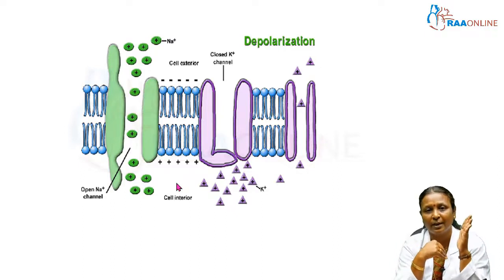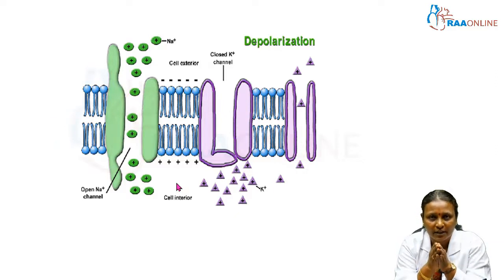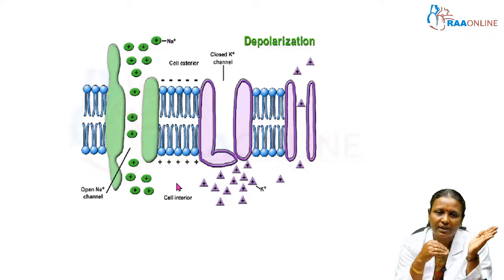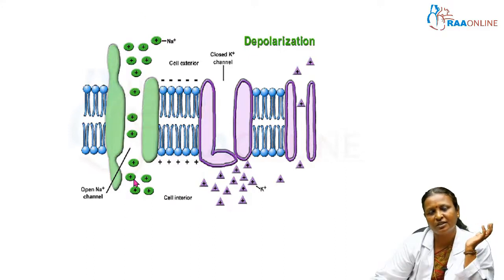This is what is happening during depolarization. In response to the stimulus, the voltage gated sodium channel is getting activated. The activation gate opens and the inactivation gate closes. By the time the inactivation gate is closing, you have a few milliseconds left during which the membrane is permeable to sodium. Sodium moves from extracellular to intracellular compartment.